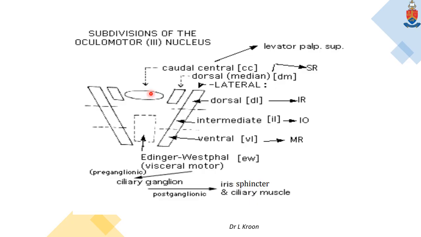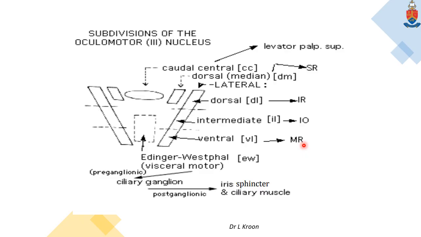Similarly, it has a dorsal median nucleus, which supplies axons to the superior rectus, and these fibers actually cross and run through the opposite superior rectus nucleus before joining the rest of the third cranial nerve, typically over here on the contralateral side. The remainder of the nuclei, which go to the inferior rectus, the inferior oblique, and the medial rectus muscles, all send out ipsilateral axons.